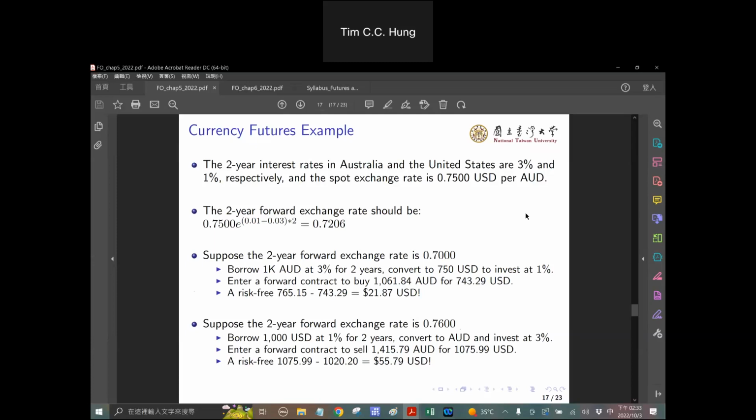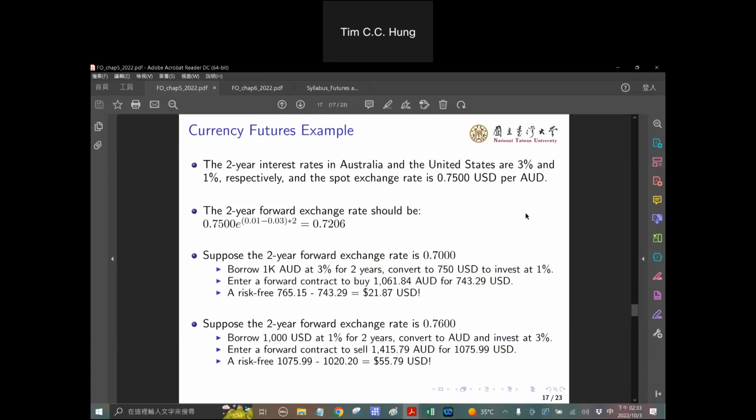If we are planning to buy Australian dollars using US dollars, we first need to be prepared with some US dollars, right? So to begin, let's borrow 1,000 Australian dollars at present.